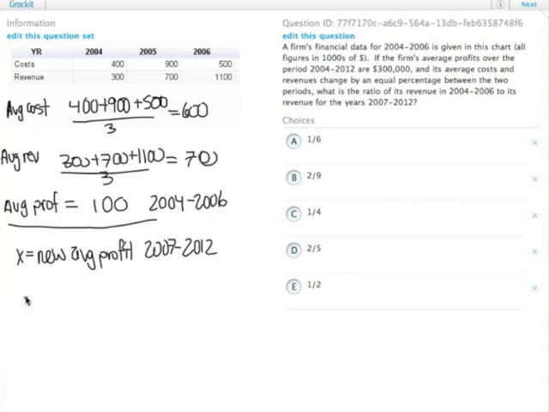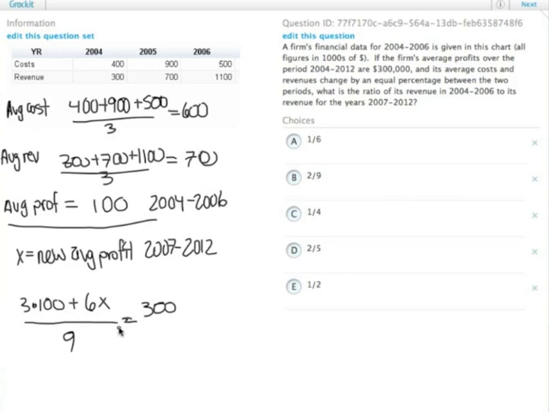So for those first 3 years, it was 3 times their average profit. We also have to add 6 times X for the remaining 6 years, 2007 to 2012, whatever that new average profit is going to be, divided by that total of 9 years. And we know that that equaled the 300,000 profit.